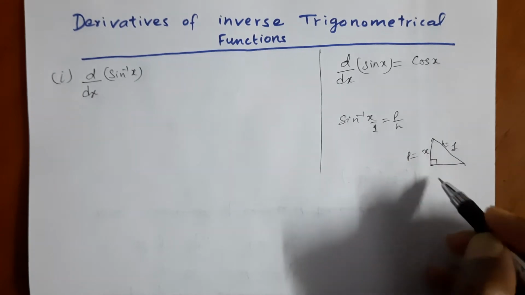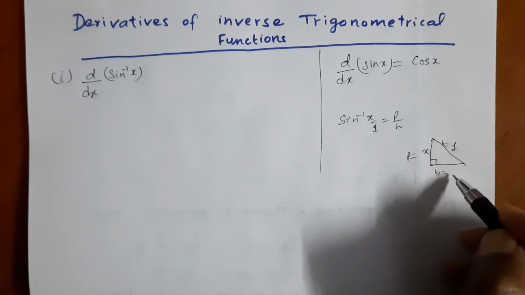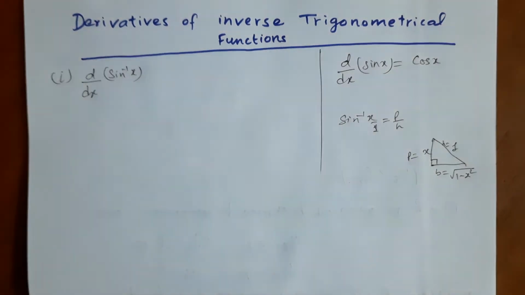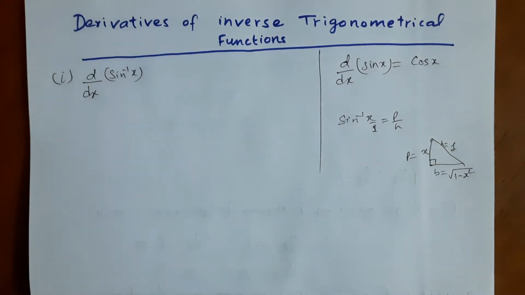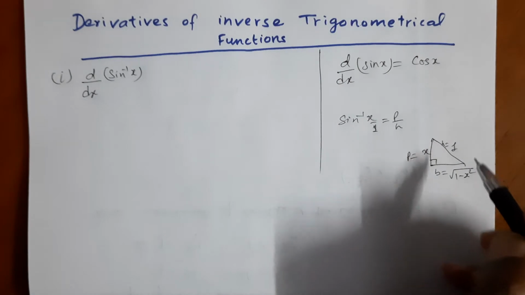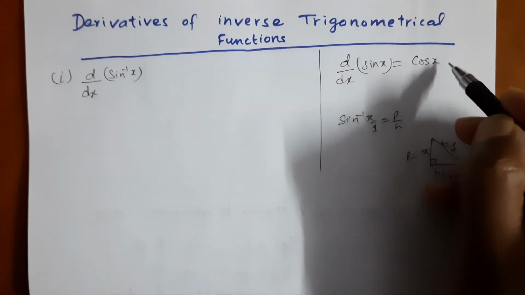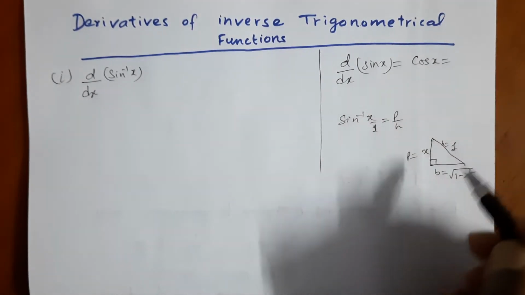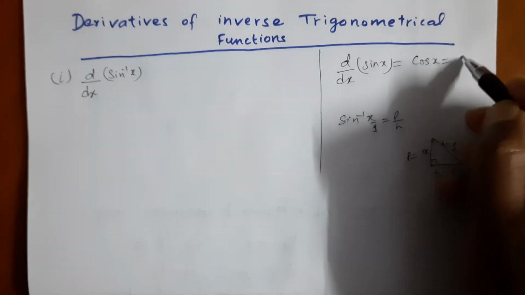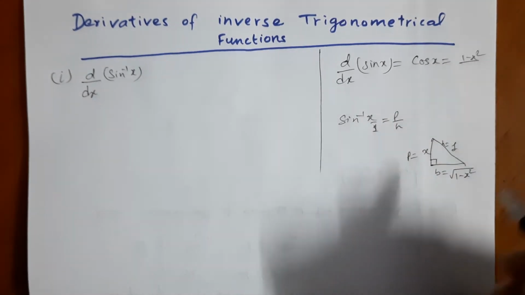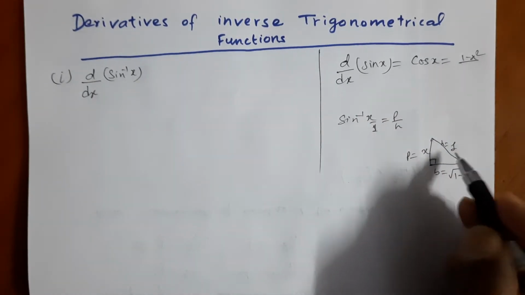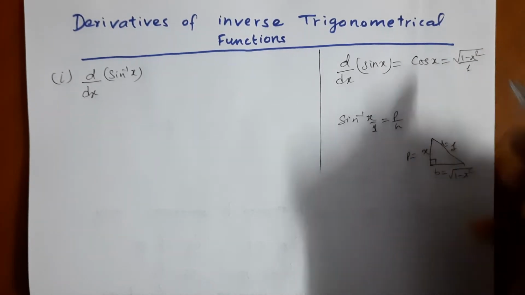The base will be the square root of h square minus p square, that is root over 1 minus x square. Now cos means base over hypotenuse, so the base is root over 1 minus x square and the hypotenuse is 1.